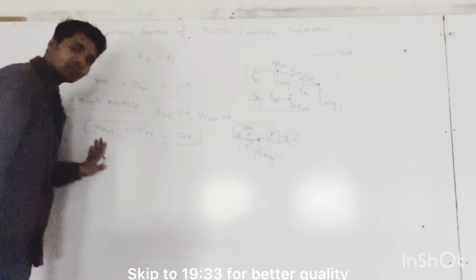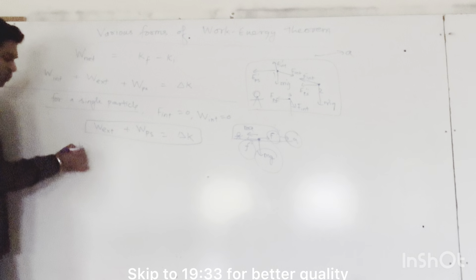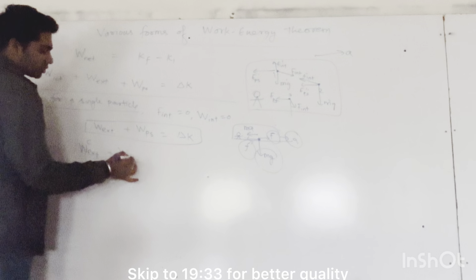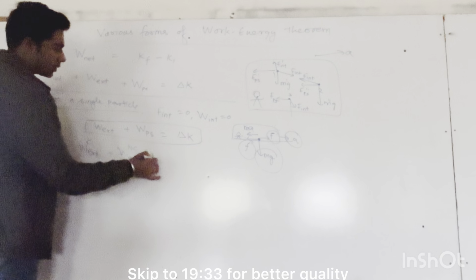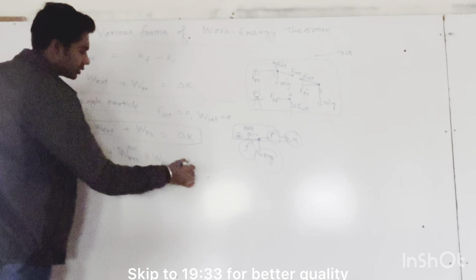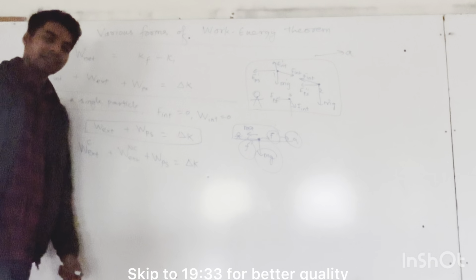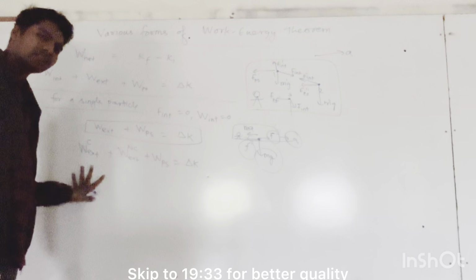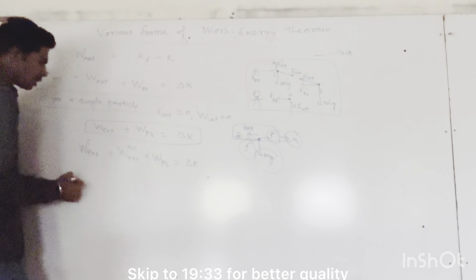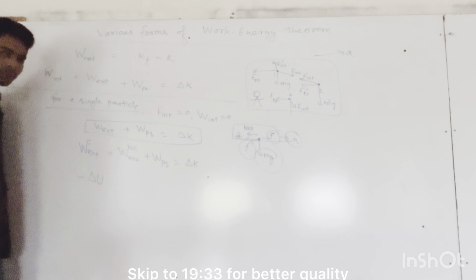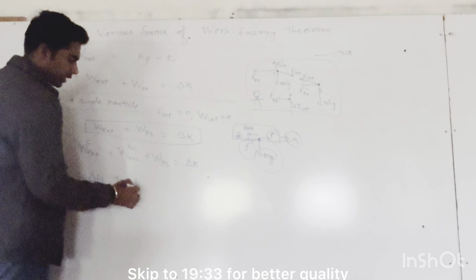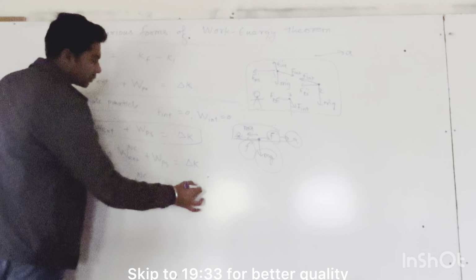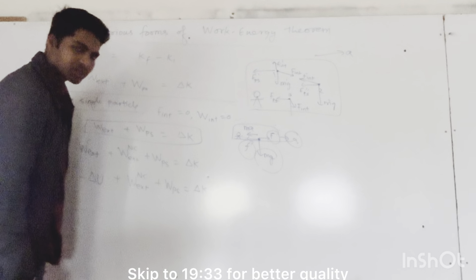So the work done by external forces includes work done by external conservative forces plus work done by external non-conservative forces plus work done by pseudo force. This is equal to change in kinetic energy. Okay. We have also seen work done by external conservative force is always equal to negative change in potential energy.